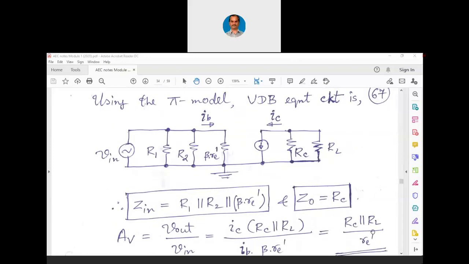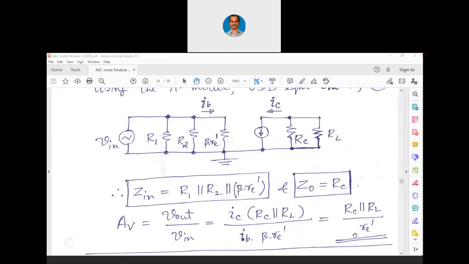Now, we can find out the expression for voltage gain. AV is V out by V in. V out is nothing but output current into output resistance, that is IC into RC parallel with RL. V in is nothing but IB into beta into RE dash. As I had already told, this beta RE dash is much smaller in value. So, the effect of R1 parallel with R2 also gets reduced here in the case of voltage gain.